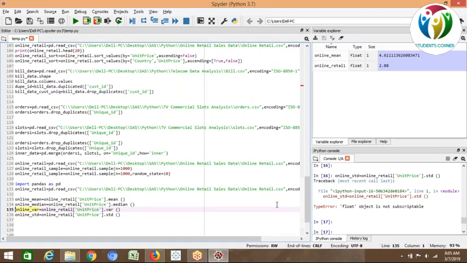What does it say for online retail? Let me see that. What is the column name? Unit price.